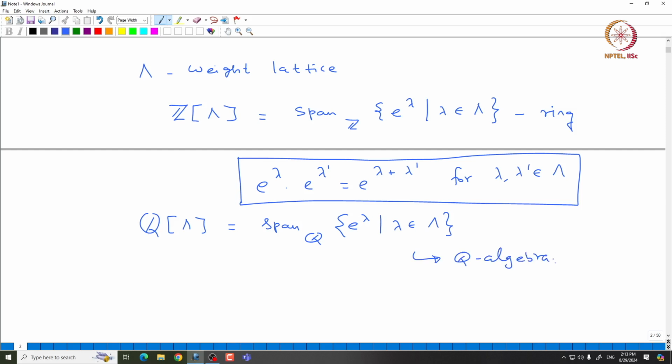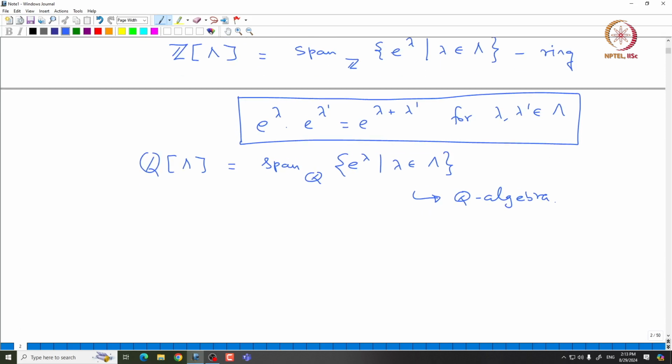Sometimes we can work in this Q algebra, or sometimes we need to consider elements of the form lambda by 2 for lambda in capital lambda. So, we have to enlarge this algebra slightly. We can embed this inside Q bracket lambda by 2 and then work inside this algebra as well.